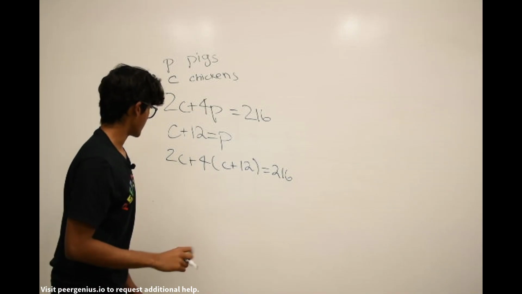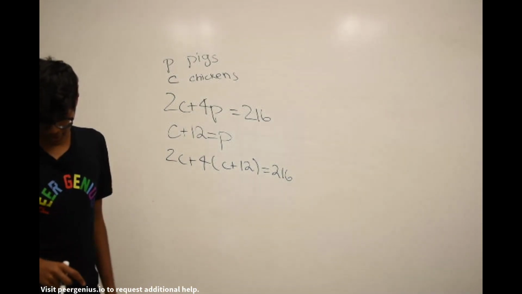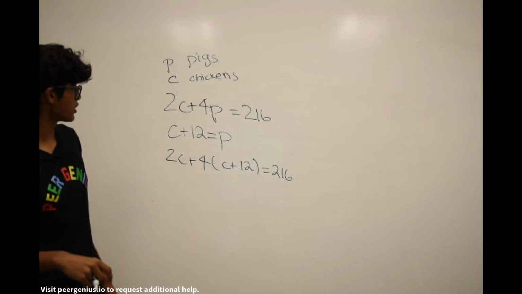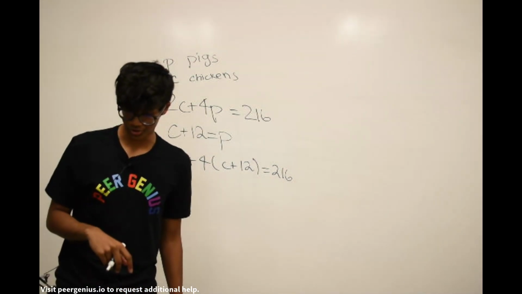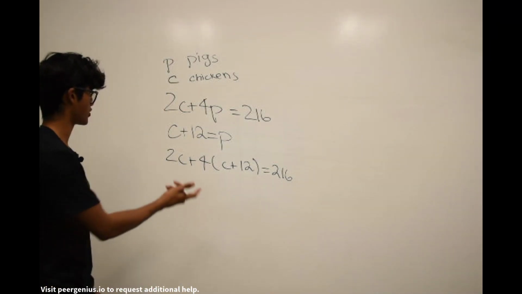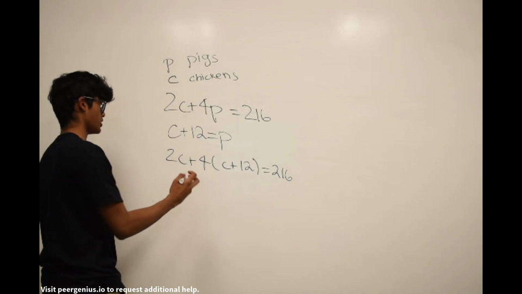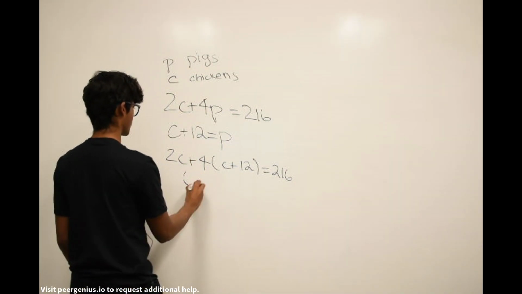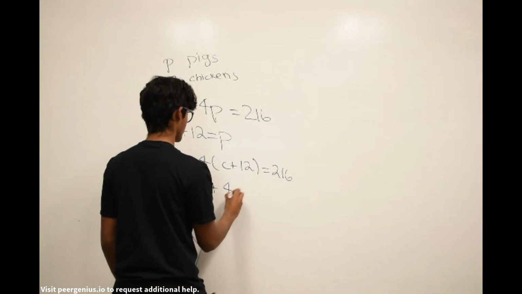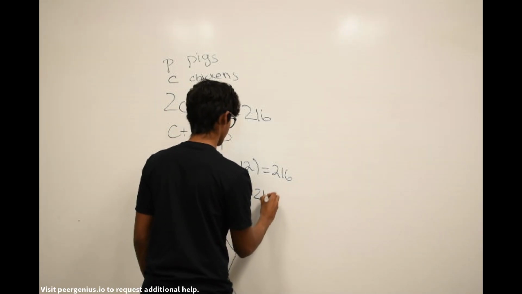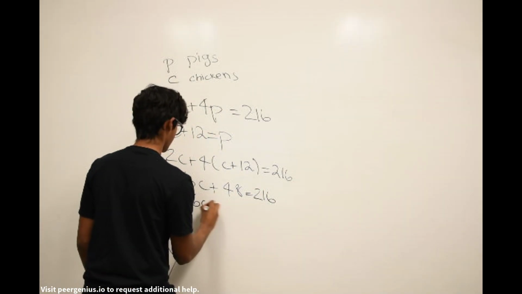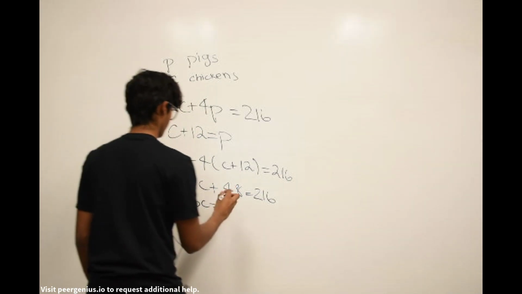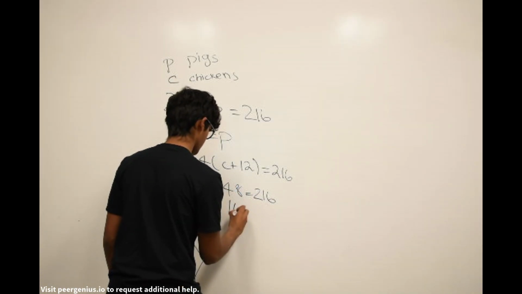Actually, it would probably be better to sub in C, since C is P minus 12 since you're trying to solve for pigs. But it's fine, it's just a simple subtraction. So here it would be 6C plus 48 equals 216, and 6C equals 168.